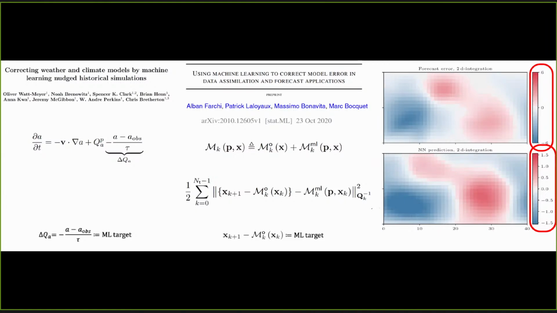In this case, how their data is coming about is that they have a sequence which comes from a ground truth model, in this case, a quasi-geostrophic one, and then their baseline model is a perturbed quasi-geostrophic.